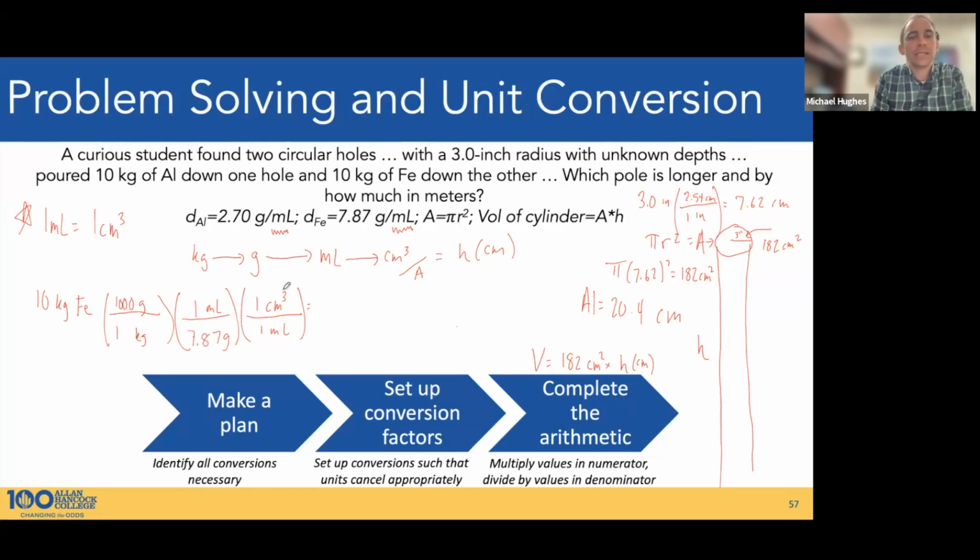And 1 mil is still 1 cubic centimeter. So 10 times 1,000, 10,000 grams still, divided by 7.87 grams per mil, and times 1 divided by 1 is 6.98 centimeters deep in our hole of iron.